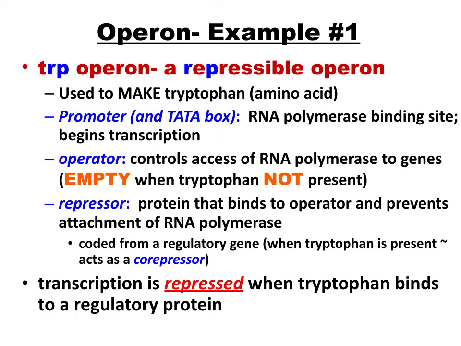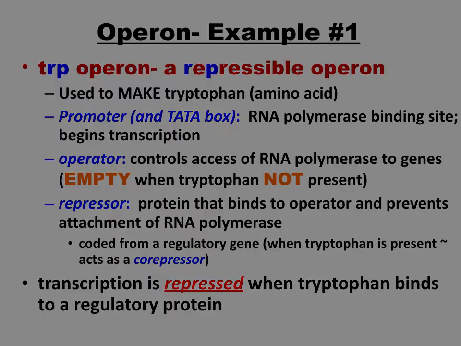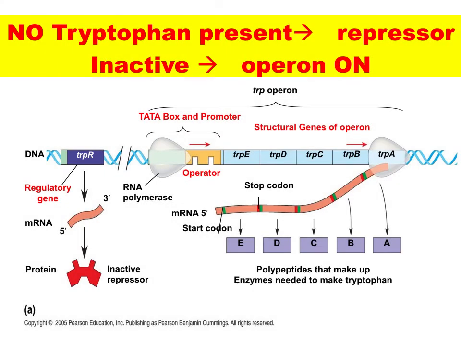Let me show you what happens normally. Normally the bacterium is making tryptophan and using it up just as quickly as it makes it. So there isn't a lot of extra tryptophan floating about in the cytoplasm of the cell. Without a lot of tryptophan floating around, the repressor protein has an inactive shape.